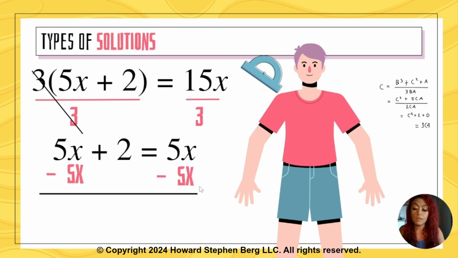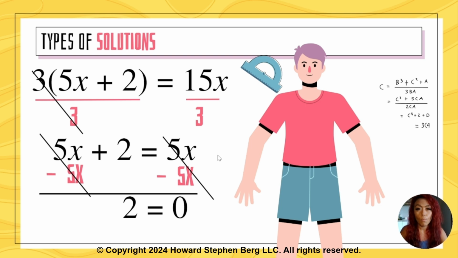Now this time, something interesting happens. 5x and minus 5x cancel out over here and over here as well. And we're left with this statement here, 2 equals 0. What do you notice about the statement 2 equals 0? Well, I notice 2 is not equal to 0, right? This statement here is not true.